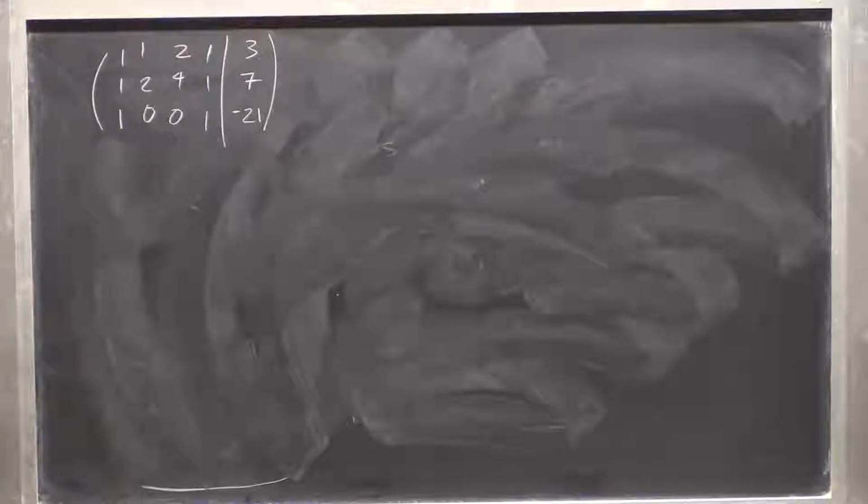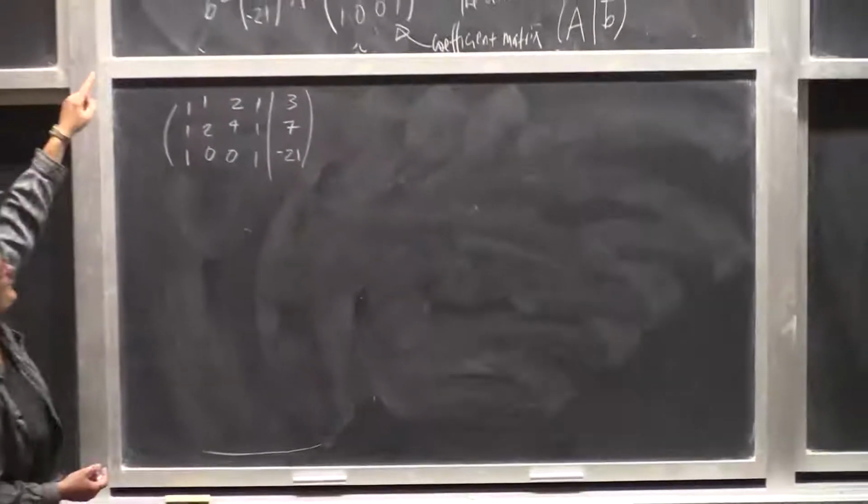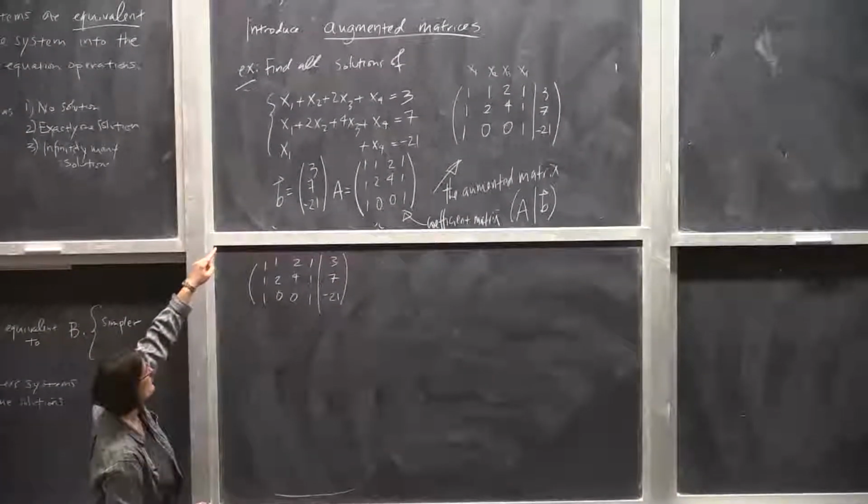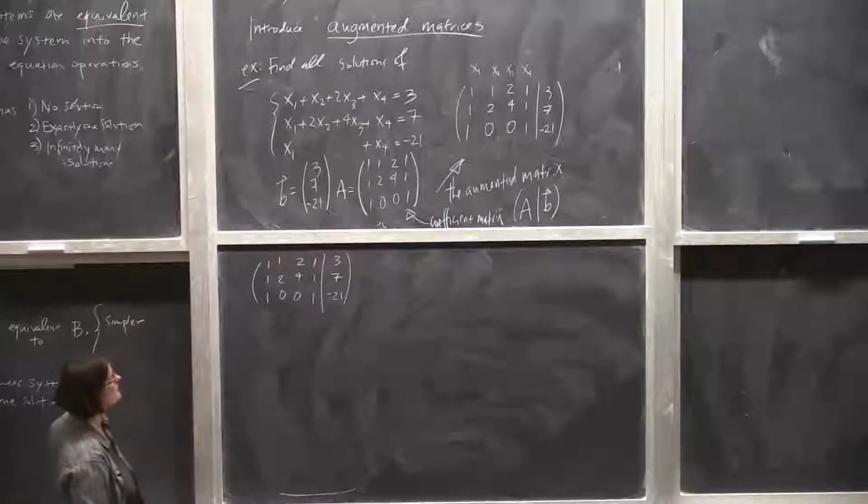So first, I'm going to keep that x1, and I'm going to use it to knock out x1 from the second equation and from the third equation. So that means I'm going to replace equation 2 with equation 2 minus equation 1. And I'm going to replace equation 3 with equation 3 minus equation 1.